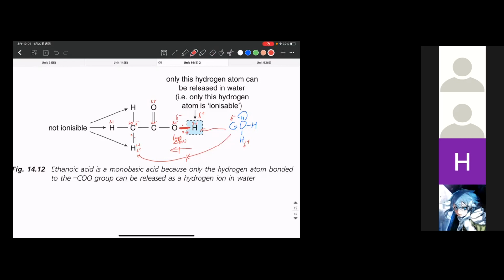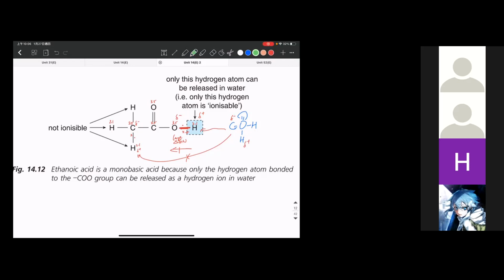The direction arrow tells you the higher tendency of having more dense bonding electrons towards oxygen. That's why water surrounding those acid molecules will trigger the ionization of that hydrogen atom.